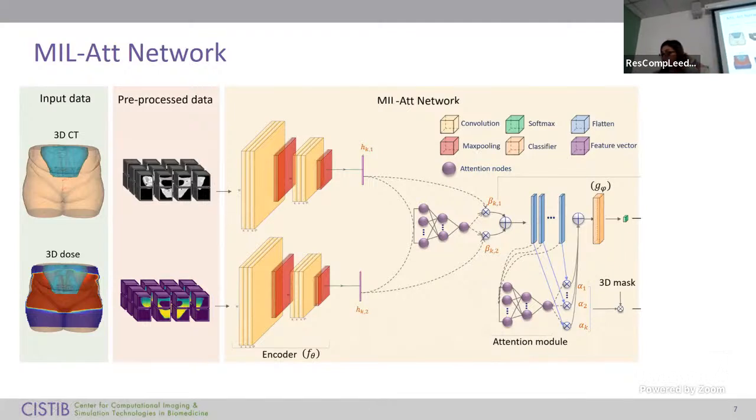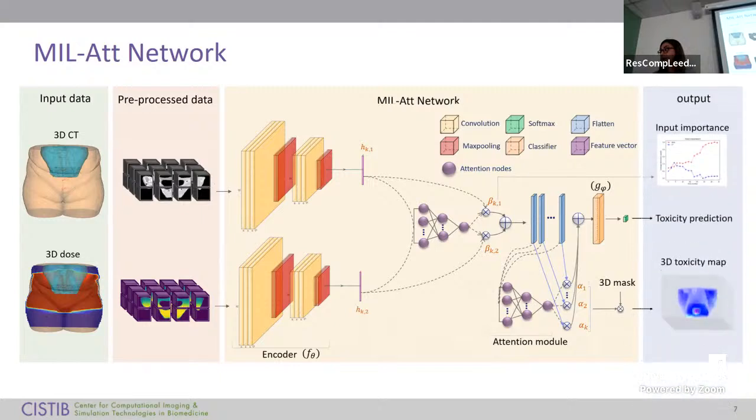So let's see what the output of our network is. In the end, we have the toxicity prediction, whether this patient is going to get the toxicity, yes or no. Analyzing alpha weights, we can find the cube which is more involved in the toxicity. And analyzing beta weights, we can say whether dose or CT is more informative for toxicity.